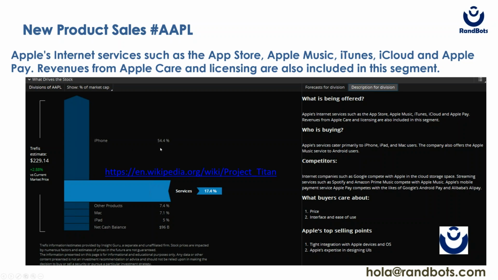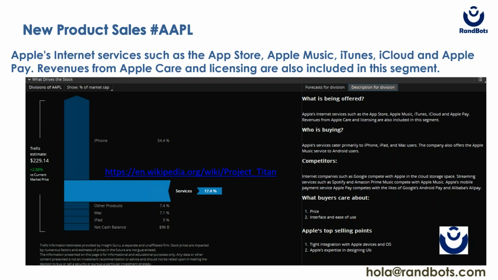Right now, from the current market cap of Apple, 54% comes from the iPhones, and 17% comes from services. This used to be 10% a few years back. So there are new services that Apple is selling, which is working very nicely for them, especially iTunes, iCloud, Apple Pay, and so on.